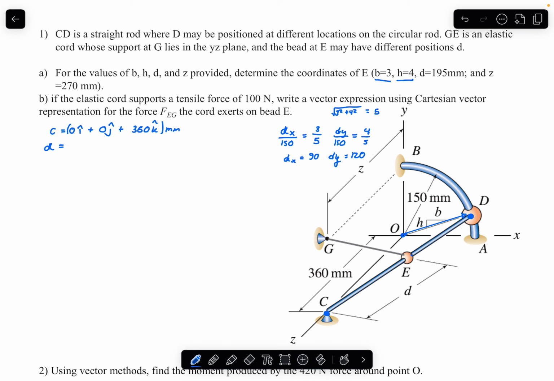Now this is the easy way that I wrote it. So we're going to put our answer in. 90 I hat plus 120 j hat plus 0 k hat. And then this is all in millimeters.